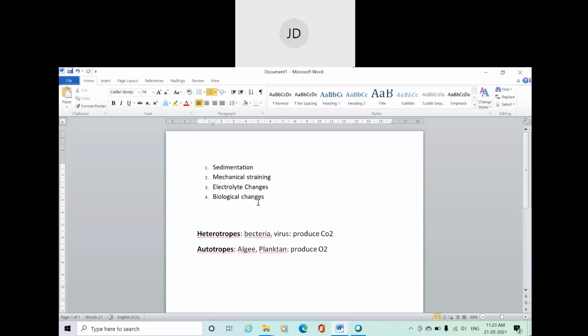Under biological changes, we learned that due to the physical mechanism, or due to the presence of smaller voids of fine sand, more impurities may get stuck in the top layer of the sand, and they form a layer of impurities.